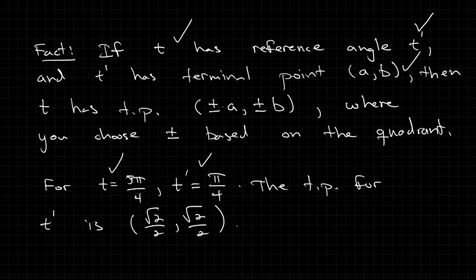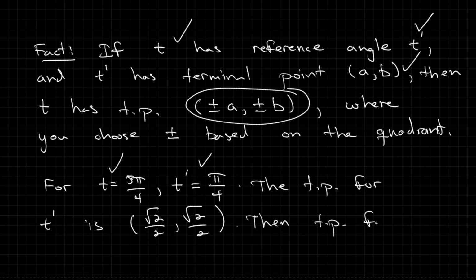Then t is going to have terminal point plus or minus the terminal point of the reference number. Then the terminal point for t, which is 5 pi over 4, is plus or minus root 2 over 2, plus or minus root 2 over 2, where you have to choose plus or minus based on the quadrant.